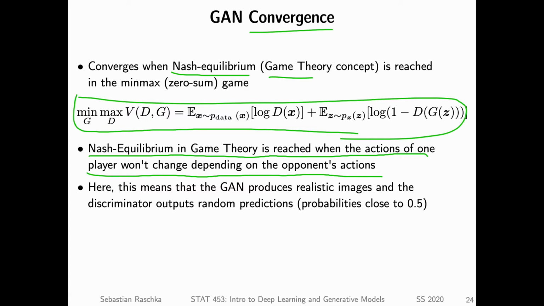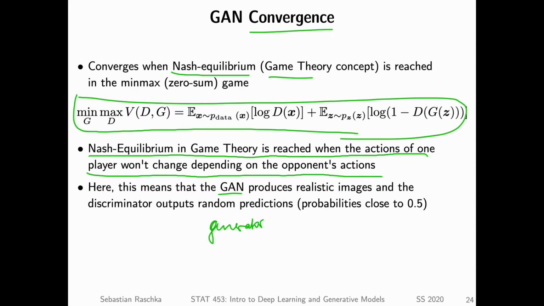In the concrete example of the GAN, that means that the generator produces realistic images, and the discriminator outputs random predictions. The discriminator is not able to tell whether the generator produces realistic images or not, and that would be the case when we have reached the Nash equilibrium.